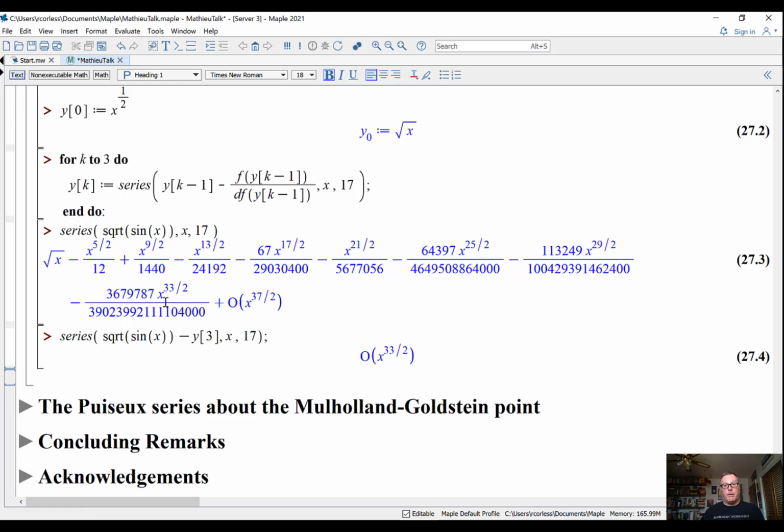Then there would be 4 terms correct in the next one, except we lose one because we're dividing by a 0 plus square root of x term. Great. Then we have 6 minus 1 is 5. And then we have 10 minus 1 is 9. Away you go.